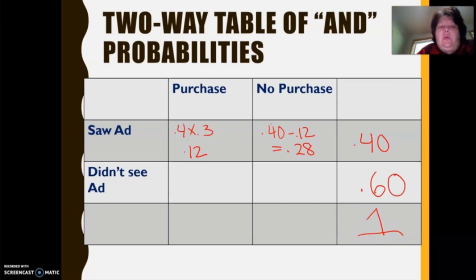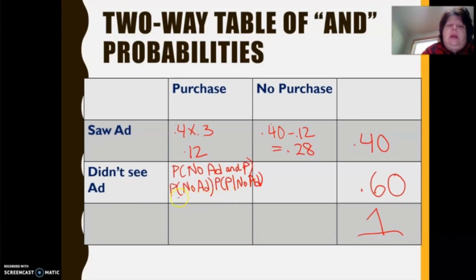All right, so now we have to do a little work to get another cell in the table figured out. So we'll do probability of didn't see the ad and made a purchase. So that would be the probability of no ad times the probability of purchase given no ad. All right, that's why we needed that extra probability of no ad in the previous slide. That's 1 minus 0.4, which is 0.6.